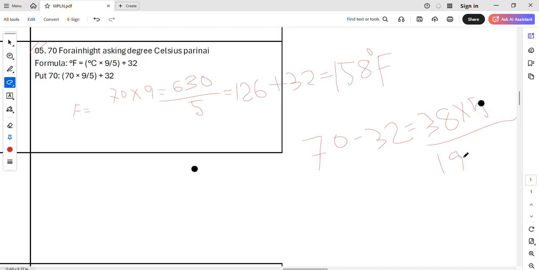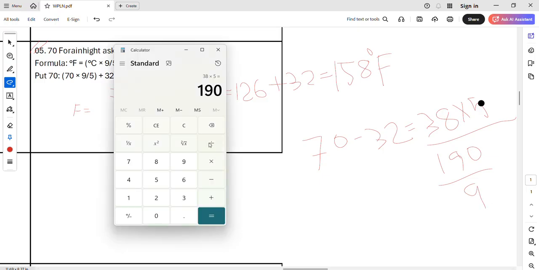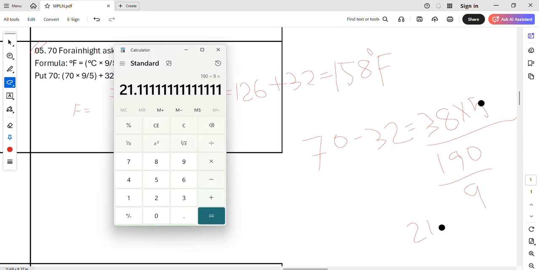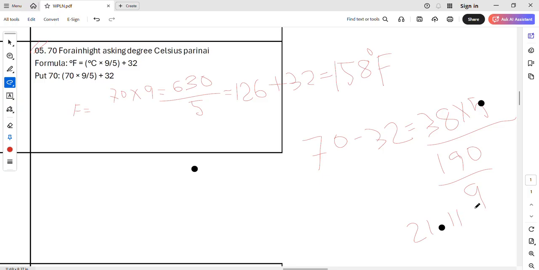190, and divided by 9. So 21 point, how many? 11. 21.11 degrees Celsius.